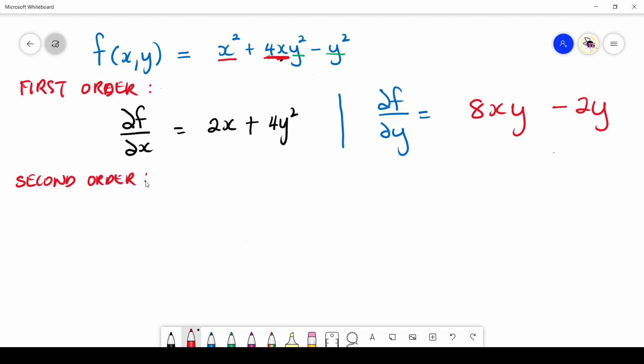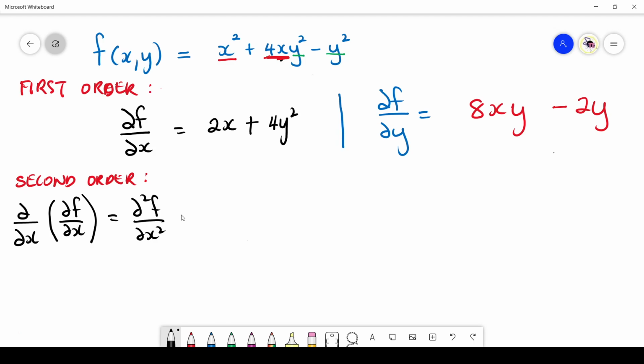Okay, so second order happens when you have to differentiate your first orders a second time. So the first one you can get is to differentiate delta f delta x with respect to x. This is going to produce delta 2f delta x squared.